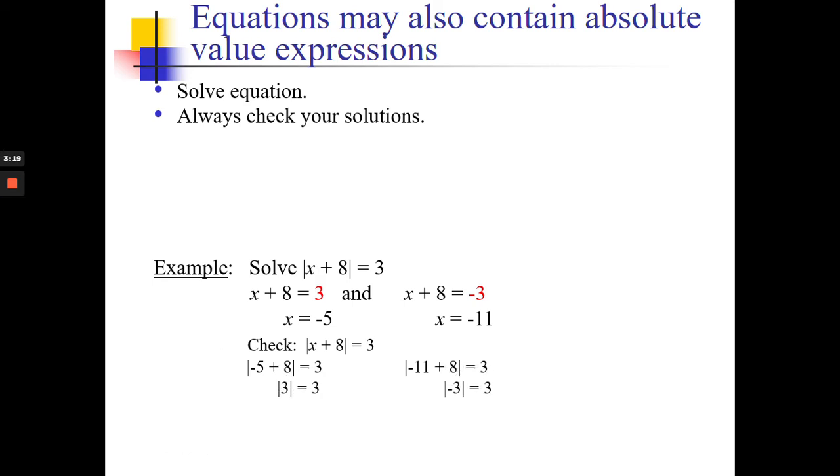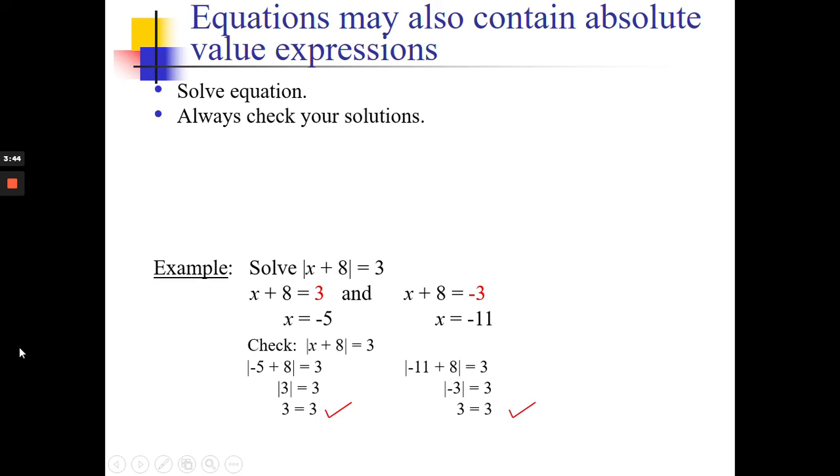In our next step, let me show you what I'm talking about here. So negative 5 plus 8 is 3. Let's continue.